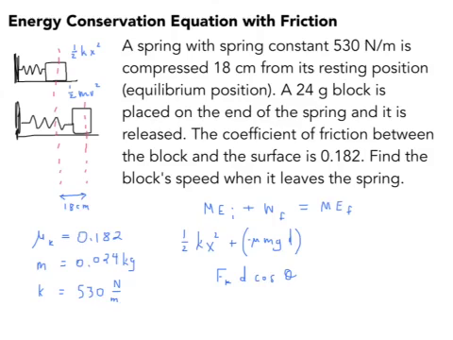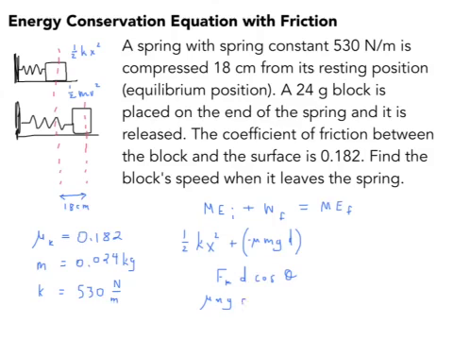The kinetic friction is equal to mu times mg whenever you're on a flat horizontal surface, because the equation for friction is mu times the normal force, and on a flat horizontal surface the normal force equals mg.